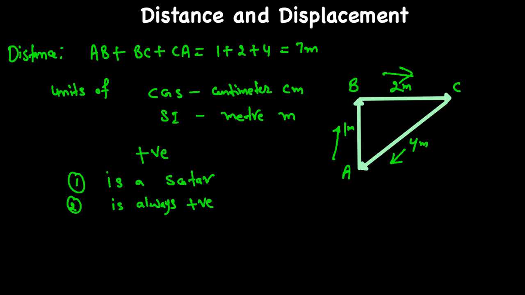And now in case of displacement, which is a little different compared to the distance, displacement is a change in the position of a particle along a particular direction in a particular time interval. Or you can say the shortest distance from the initial position to the final position of a particle is called displacement.